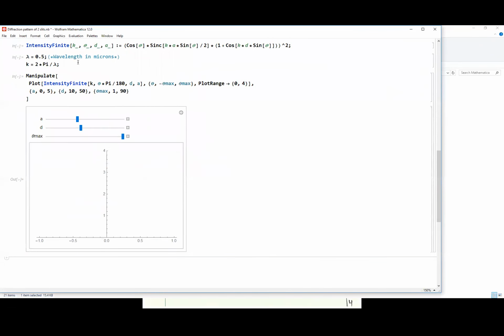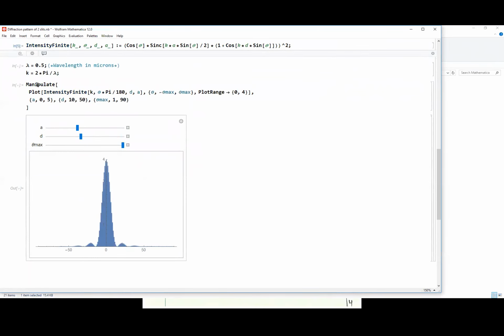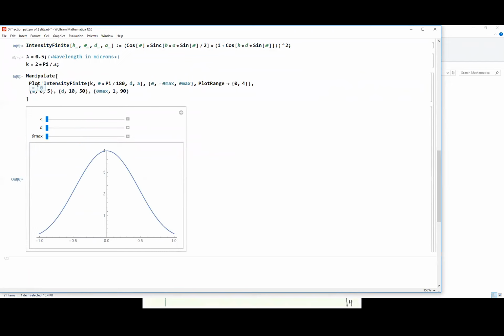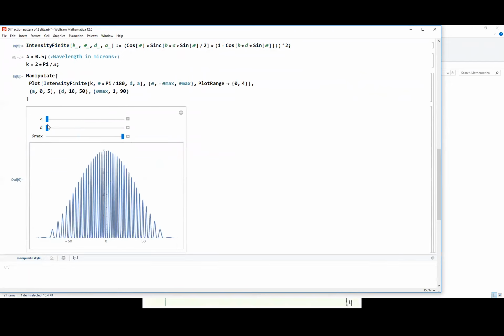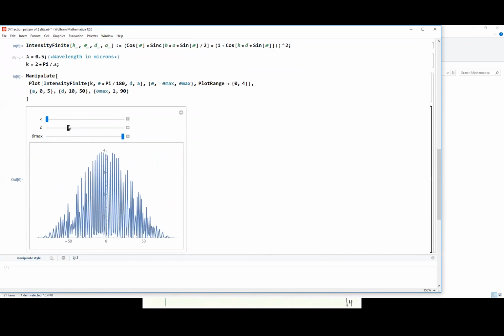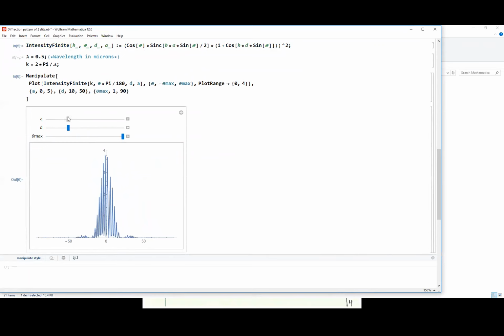Let's look at two finite slits. All right, we can play with theta max, the range of angles that we look at. We can play with D, the spacing between the slits. And we can play with A, the single slit width.